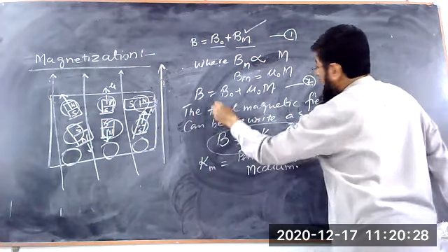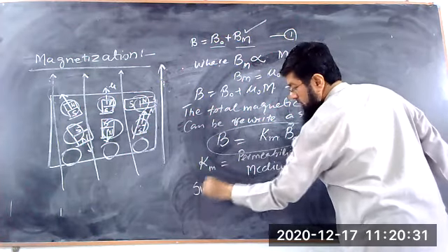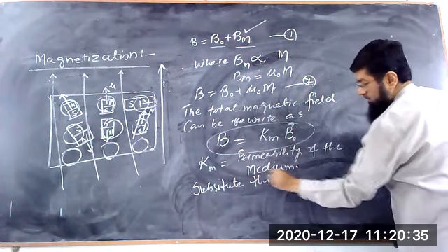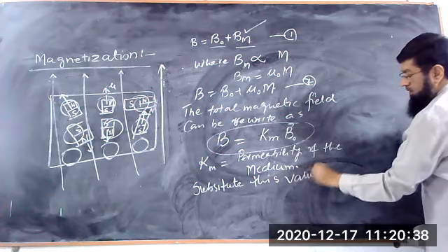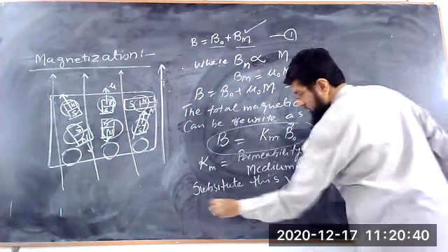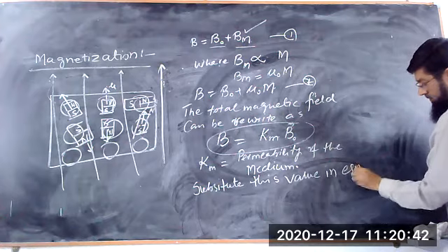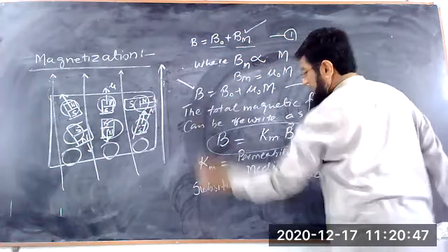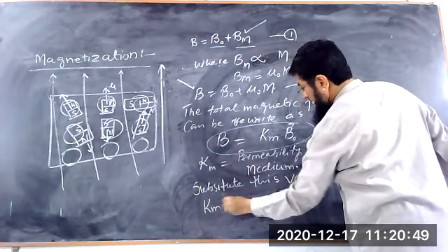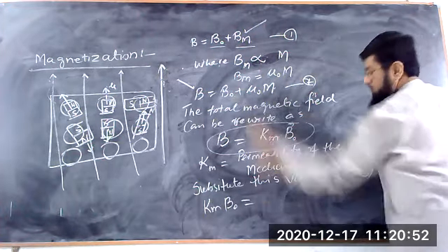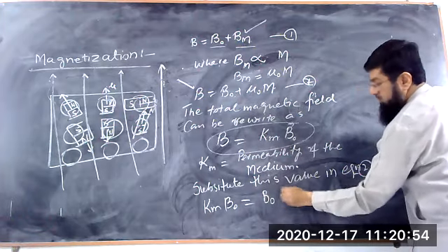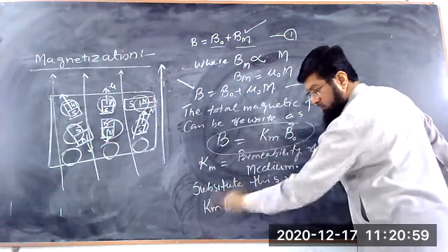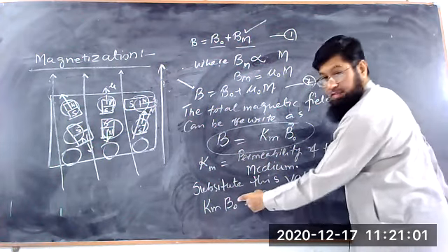So the equation becomes: Km B naught is equal to B naught plus mu naught M. This B naught can go to the other side and becomes minus.